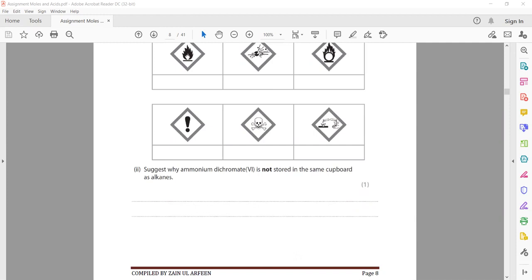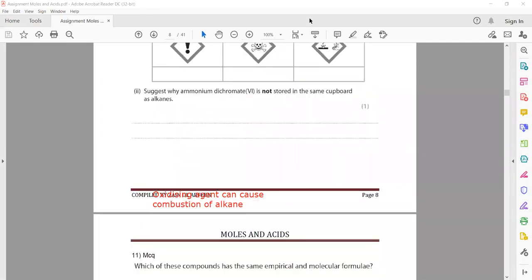That is why it is not stored in the same cupboard as alkanes. So oxidizing agent, and it can cause combustion of alkanes.